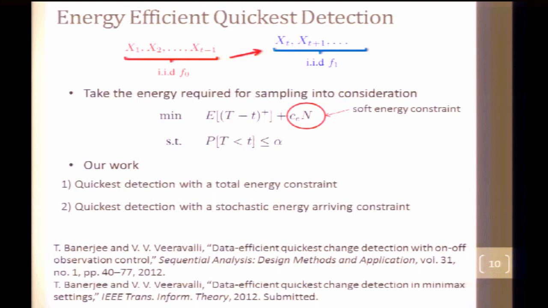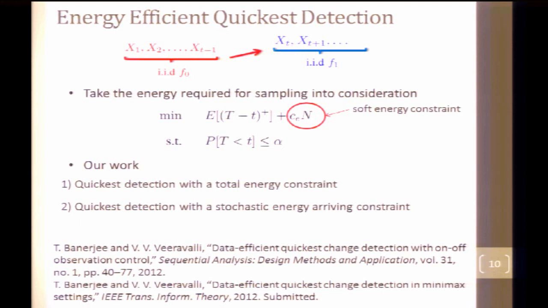So now the question is, even if you only have a limited number of samples you can take, which means that you have to skip some of the samples, you cannot observe all the samples all the time, you have to skip some of them.